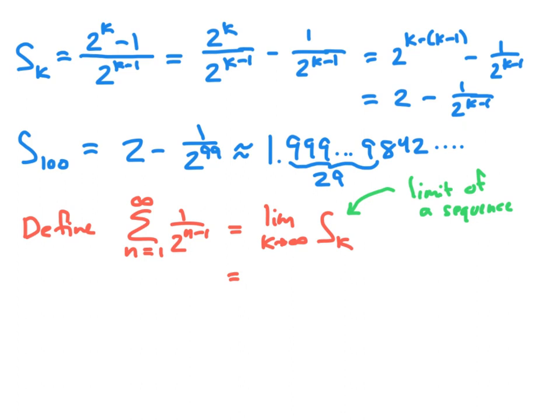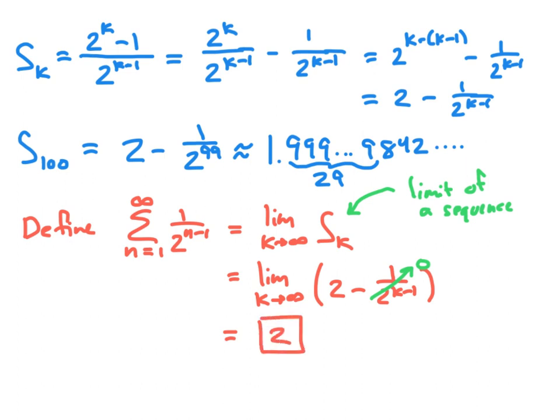And so here, in this particular example, we want to take the limit as k goes to infinity of the formula that we found for s sub k, which is 2 minus 1 over 2 to the k minus 1. And we know that as k gets large, 1 over 2 to the k minus 1 is going to go to 0. And so our sequence of partial sums is going to converge to the number 2.